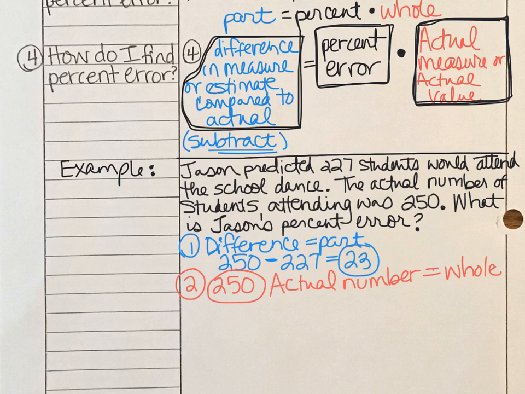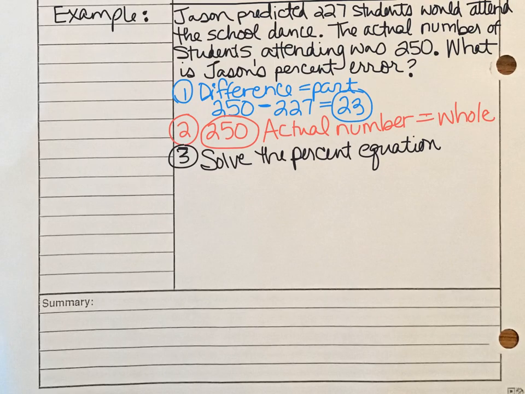And then in step 3, we're going to set up and solve our percent equation. In this problem, the part is 23. Then we have the percent of error, which we're going to call P, times the actual value, which in this problem is 250.